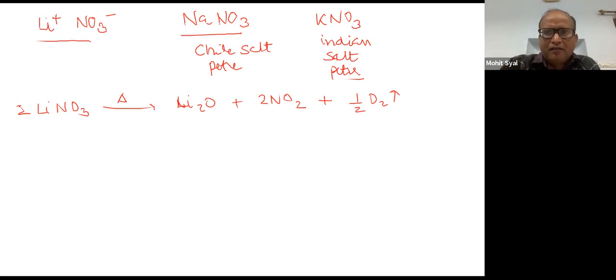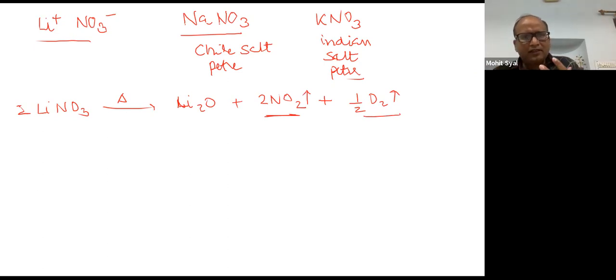It gives a brown colored gas, nitrogen dioxide, NO2. It gives oxygen also, and that's because, just now I told you, lithium is a very small ion and nitrate is a bigger ion. So when you have a smaller cation and a bigger anion, they are going to break away and decompose. But the way of decomposition is different, right?